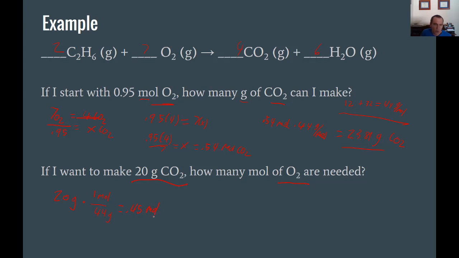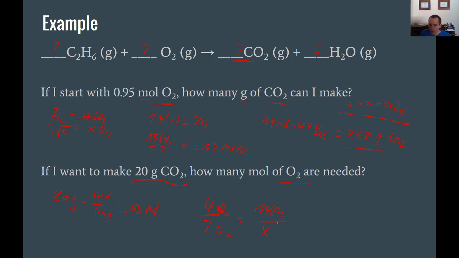So what we want to know is how much O2 is needed to make 0.45 moles of CO2. Well, we have 4 CO2s to 7 O2s, which is the same as 0.45 moles CO2 to how many moles of O2.